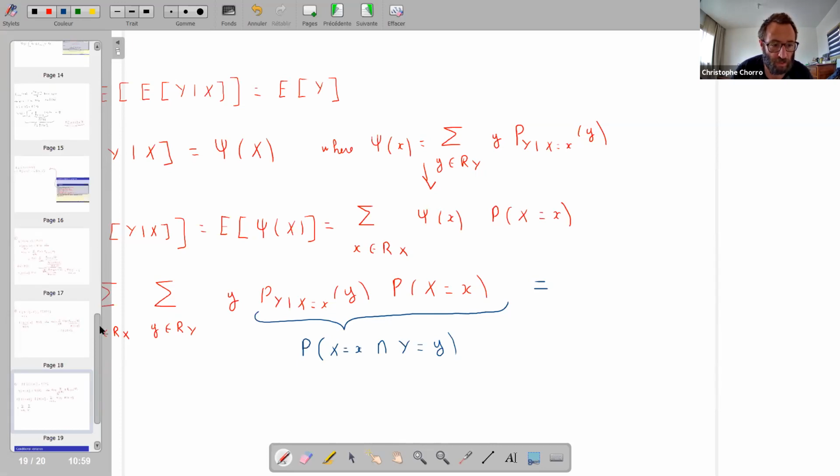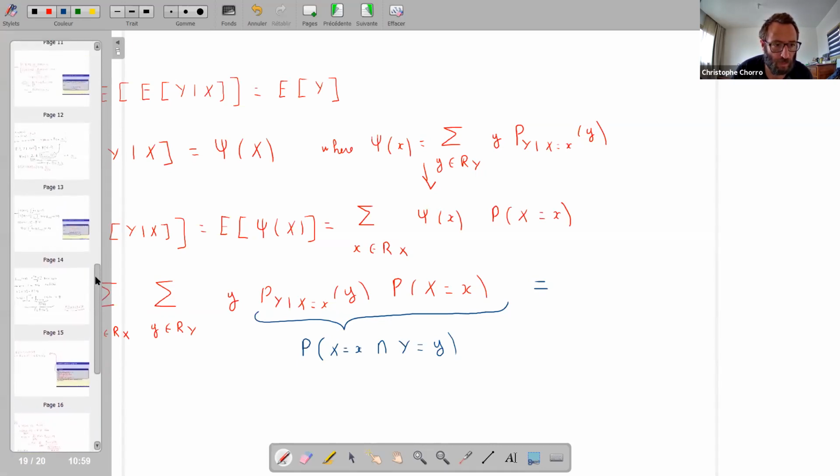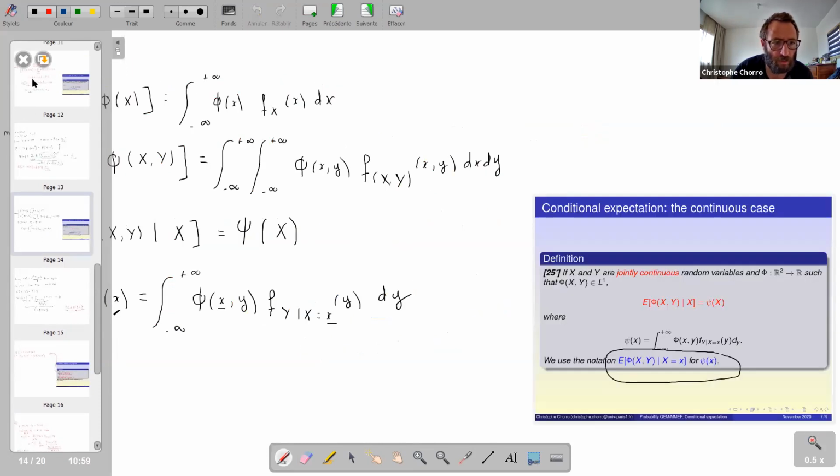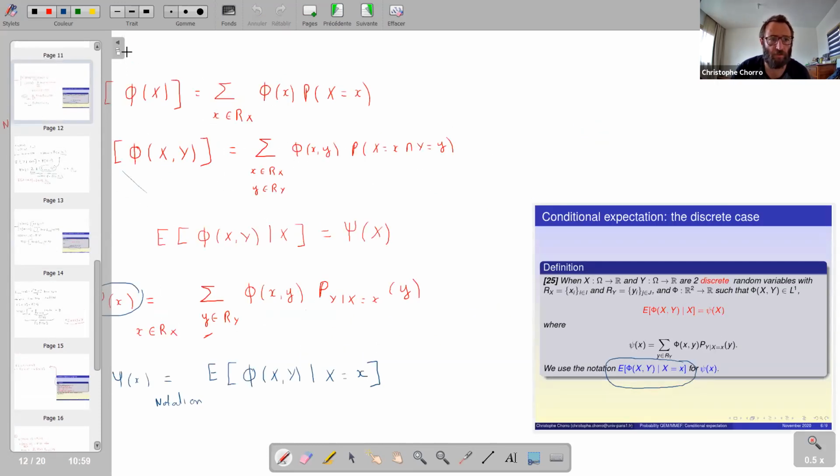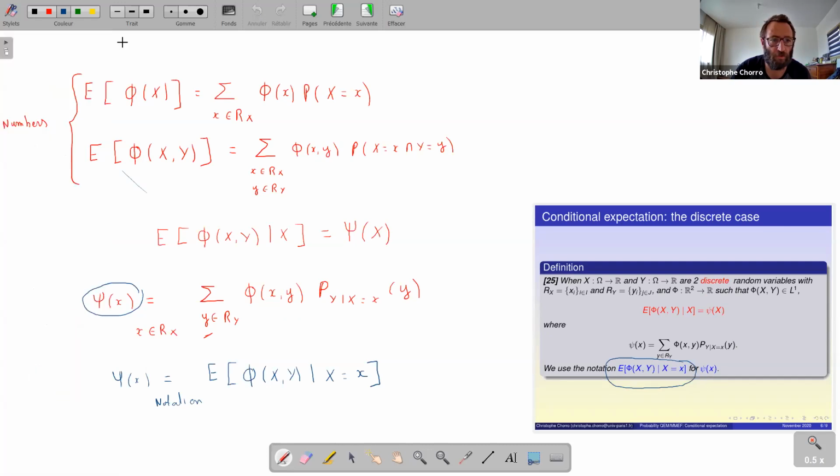I reminded you at the very beginning of this session that when I have to compute this kind of expectation, it is a double sum with respect to the joint probability mass function. It's exactly what I use here, in the case where I just have small y inside.